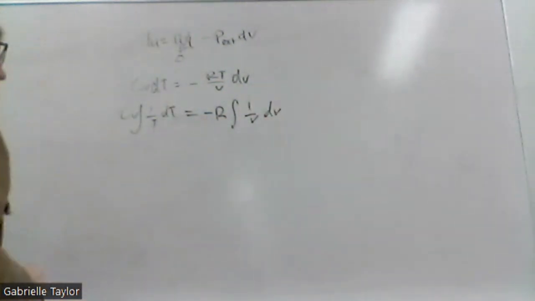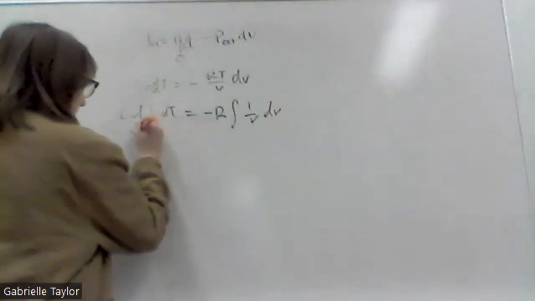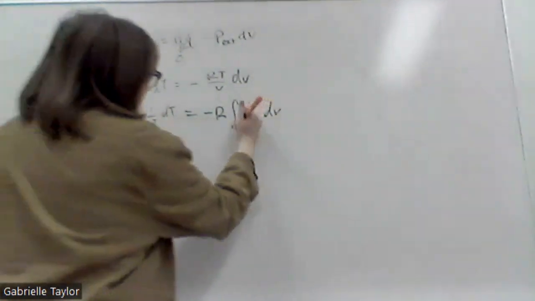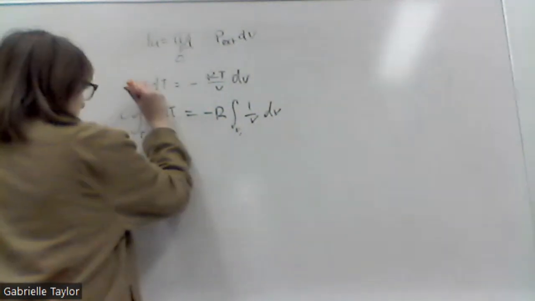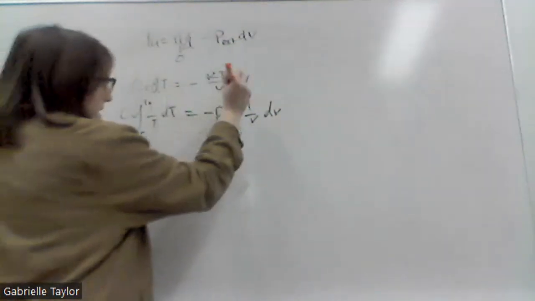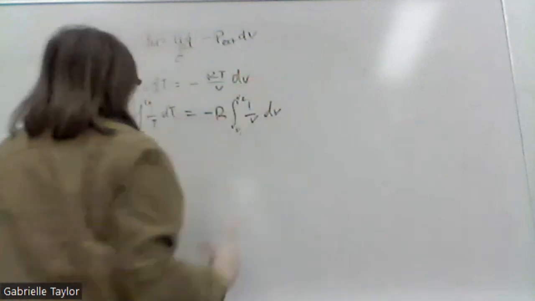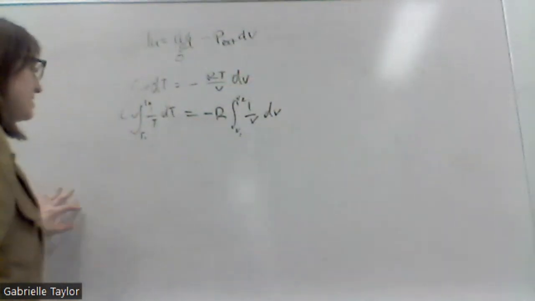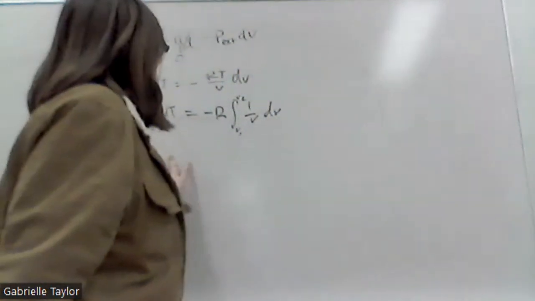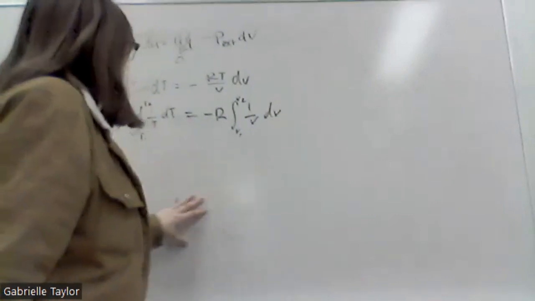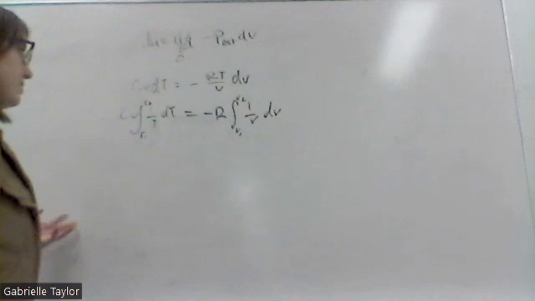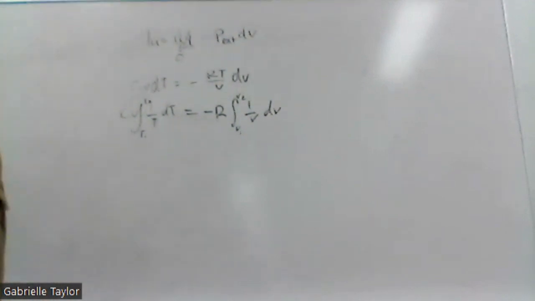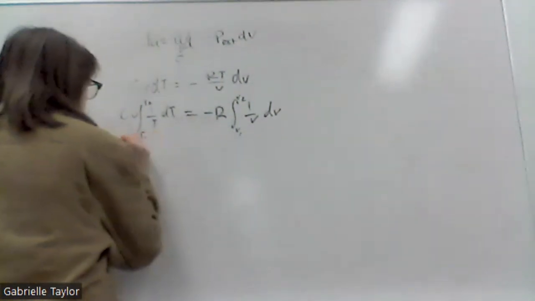We're going to start at our initial temperature T1 and initial volume V1, and end at a random temperature T2 and a random volume V2.